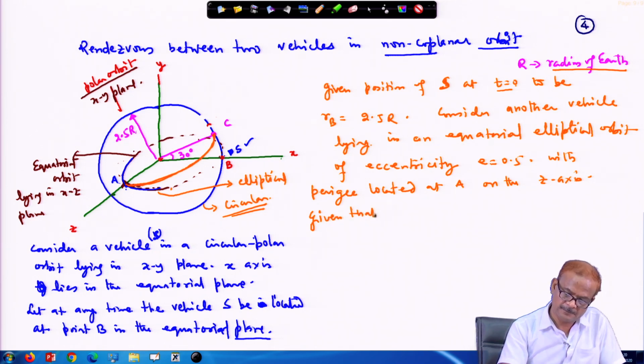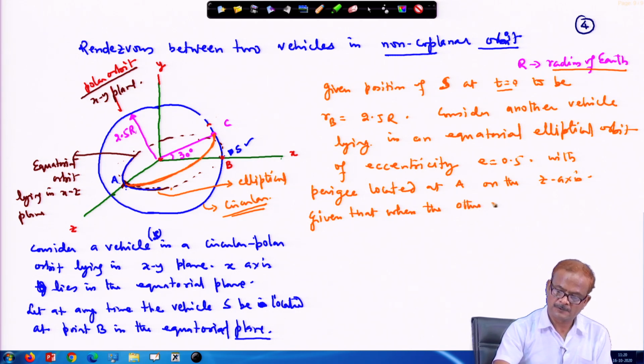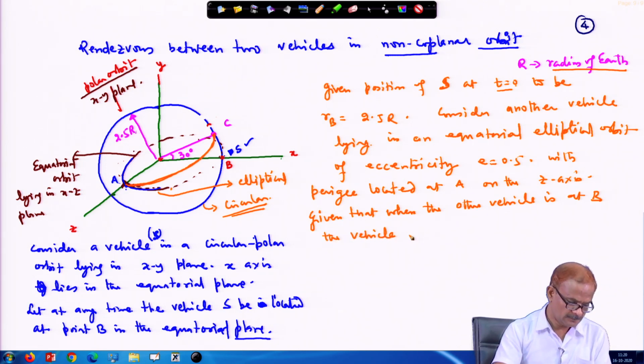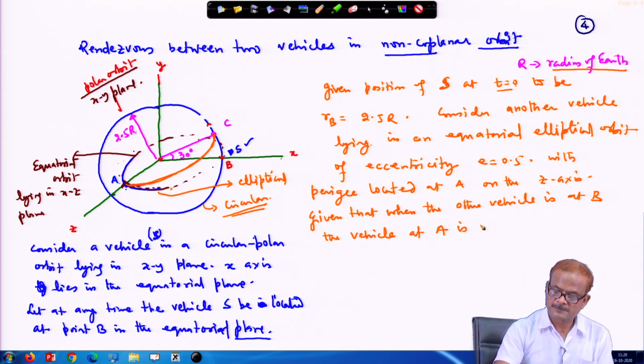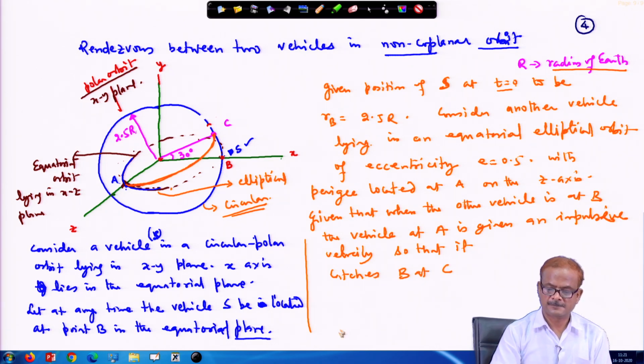And given that when the other vehicle is at B, the vehicle at A is given an impulsive velocity so that it catches B at C, where R A is given to be 1.5 r.